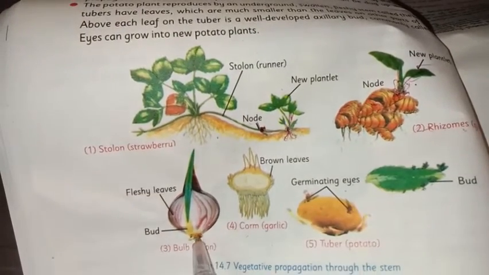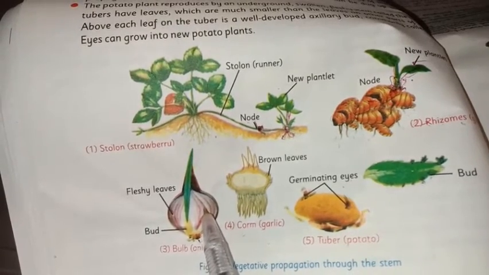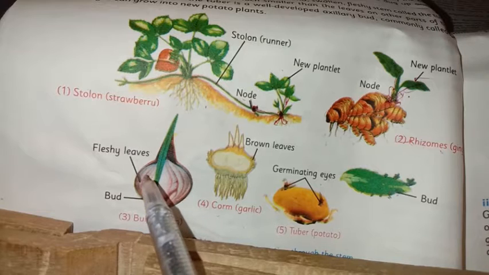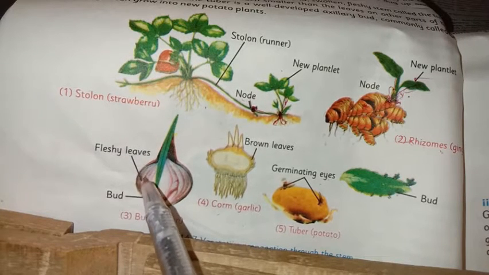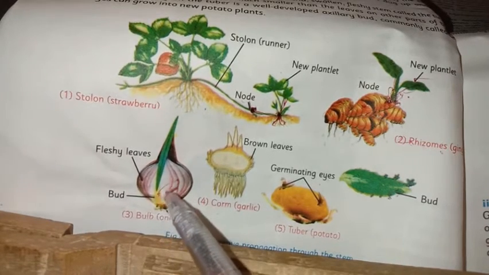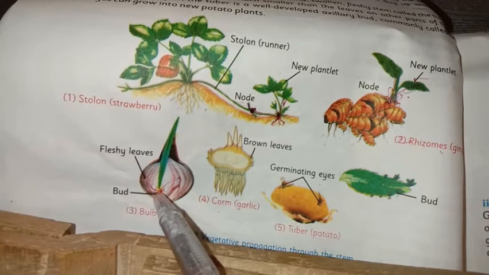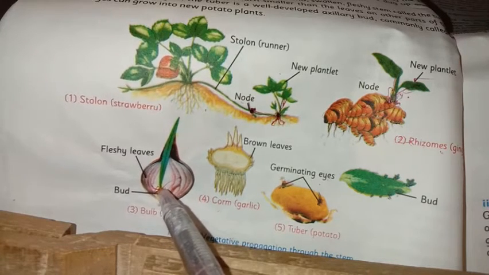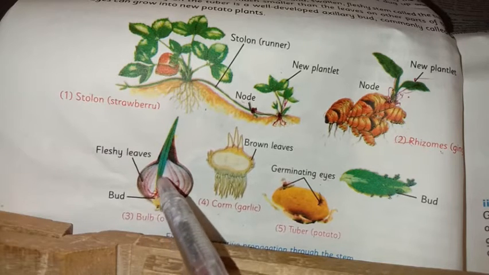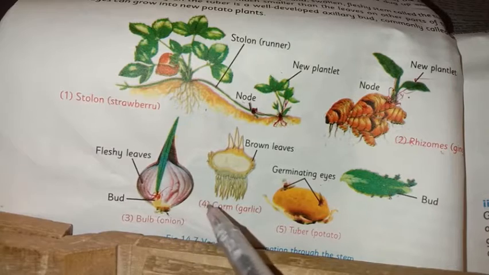Number three, bulb. This is a bulb. So the round underground stem is called a bulb. The bulb contains fleshy leaves, and each fleshy leaf contains a bud. This is a bud. A bud is present in the center of the bulb, and each bud then forms a shoot and then root and converts into a new plant.